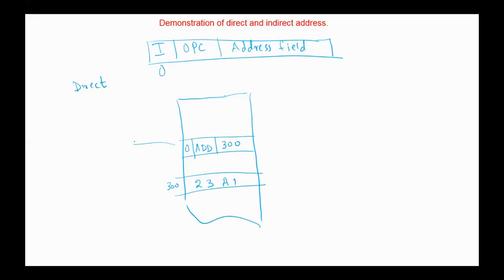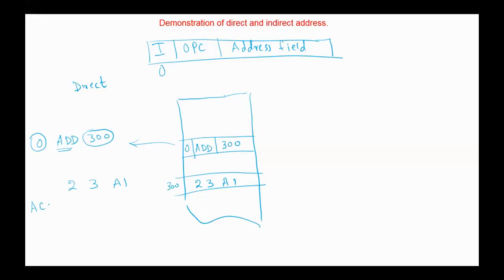After reading this instruction, 0, add, 300, since the mode bit is 0, we have direct addressing. The operation code is add. Then we have to read the operand stored at location 300, which is 23A1, and add its contents to the contents of the accumulator.